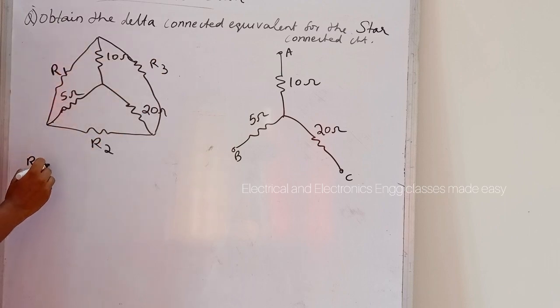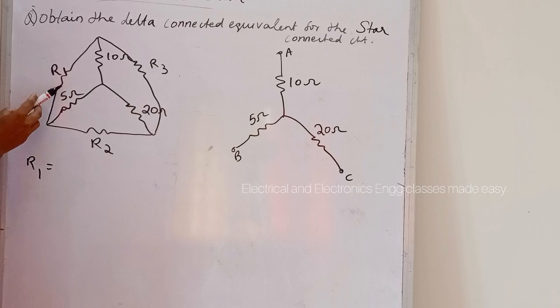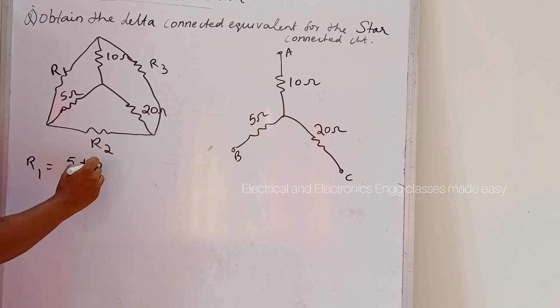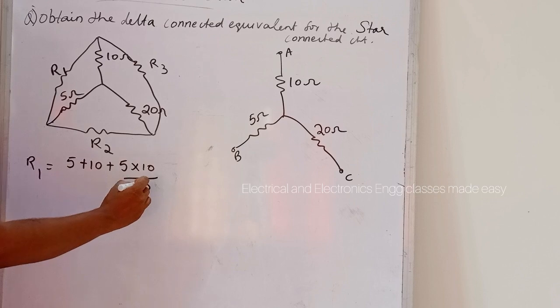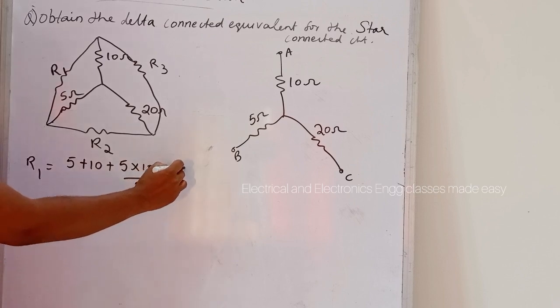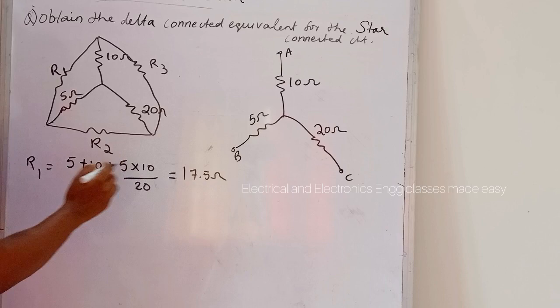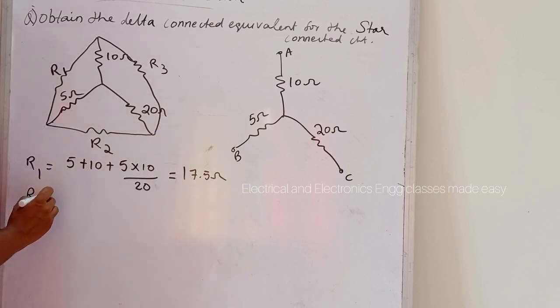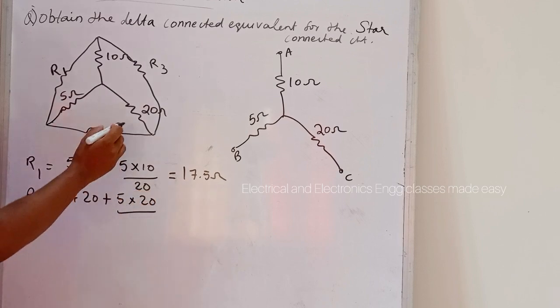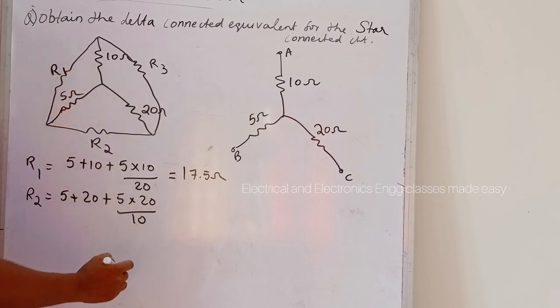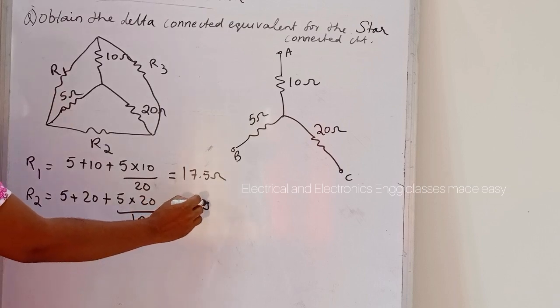Then what is R1? R1 is connected to 5 ohm and 10 ohm. So we can write 5 plus 10 plus 5 into 10 divided by the other resistance, which is 20, and we will get 17.5 ohm. Then what is R2? R2 is equal to 5 plus 20 plus 5 into 20 divided by the other resistance, 10, and that is equal to 35 ohms.